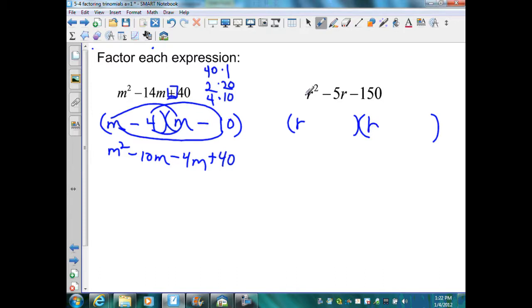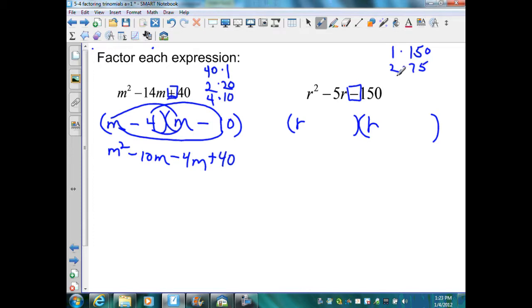Now, I need the factors of 150, two factors that multiply to 150, but will subtract to achieve my middle term, which is a negative 5. Let's start. 1 times 150, of course, is 150, but will not subtract to a negative 5. Next, 2 times 75.